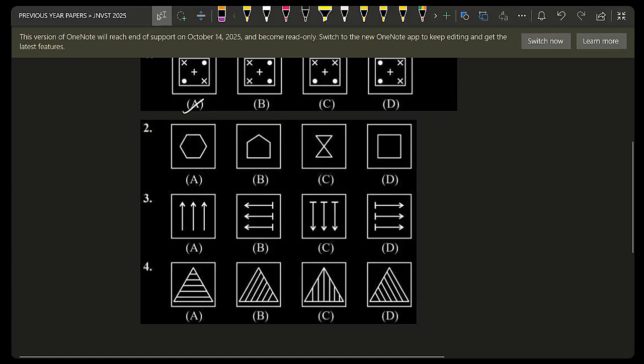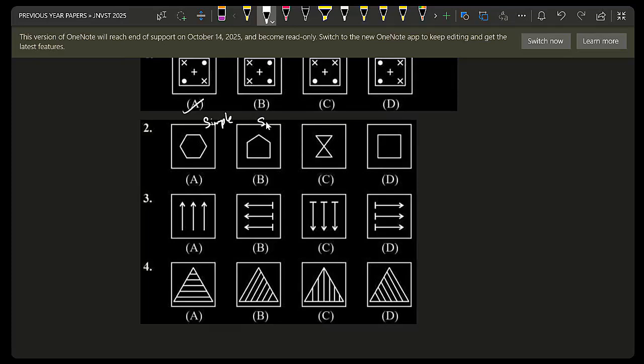Second question. In the second one, if you look at options A, B, and D, we can say there is only one part, or we can also say that option A is a simple figure because it is not crossing over itself.